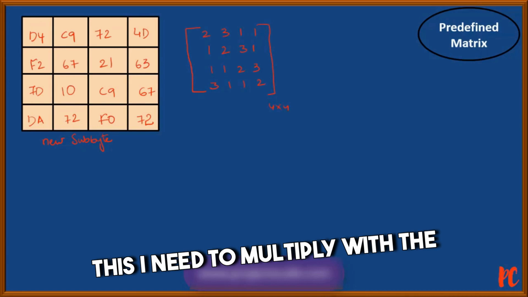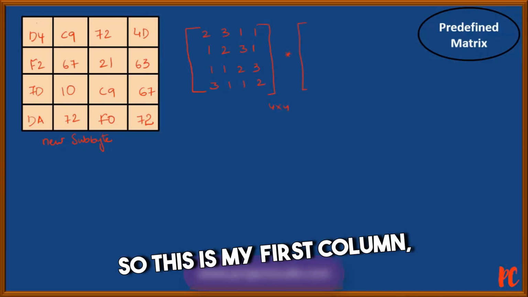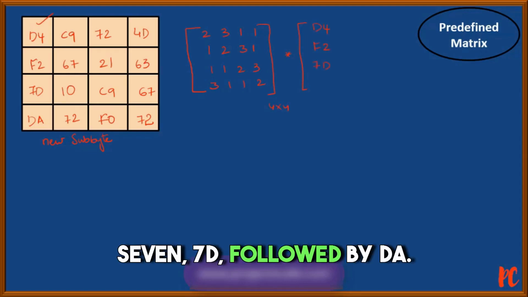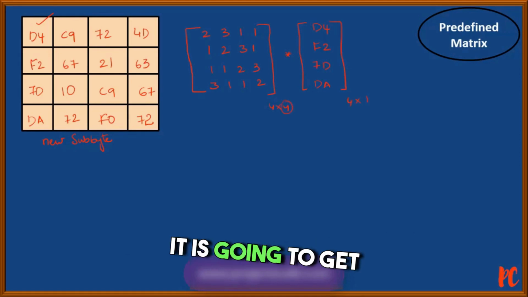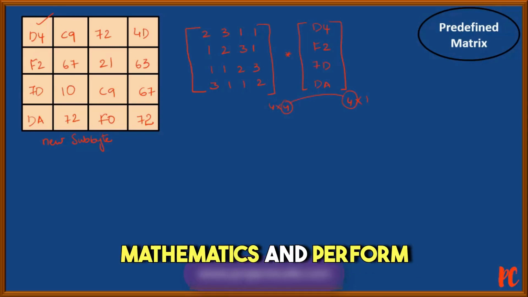This I need to multiply with the first column of the new subbyte. So this is my first column, right? Multiplying with D4, F2, 7D followed by DA. So this is of size 4 by 1. It is going to match with this, so I can perform a matrix multiplication according to mathematics.